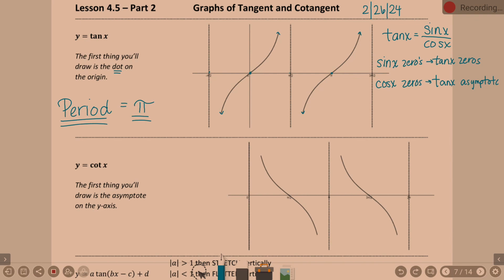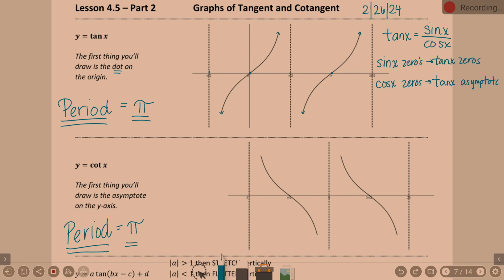Okay. Now, cotangent. Let's look at what changes. Cotangent, first of all, before I forget, guess what? The period is also pi on cotangent. But two big changes.